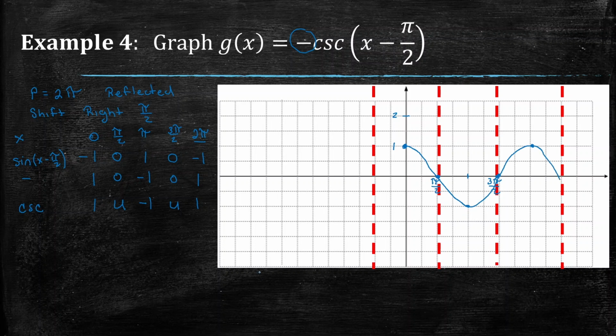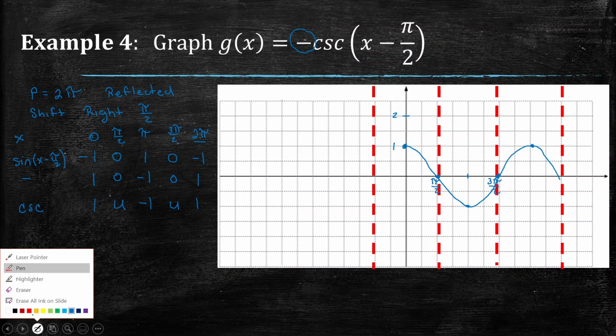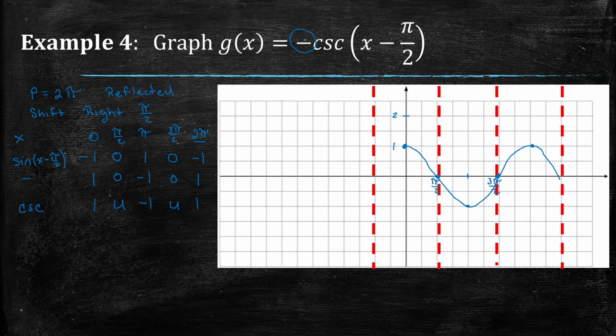So putting in now my cosecant function, I use those as my starting points, right? And so my cosecant function is going to shift, right? This is my vertex point here going up, this point going down, and this point going back up again.